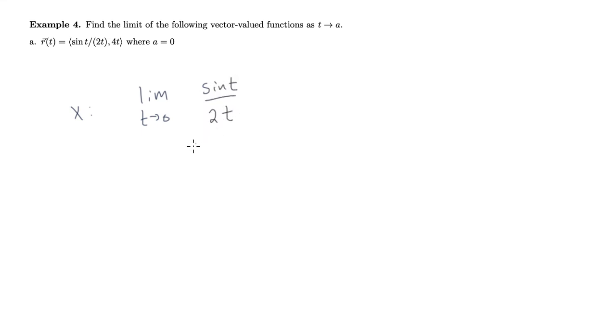And this is just straight Calc 1. If you try to plug in t equals 0, you get an indeterminate form. But we've learned enough Calc 1 that we don't have to think too hard about this. Let's just use L'Hopital's rule. If we apply L'Hopital's rule, this is equal to the limit as t approaches 0 of cosine t over 2, which is equal to 1/2.